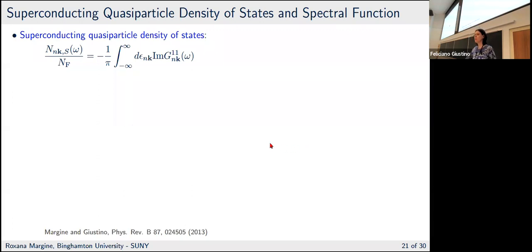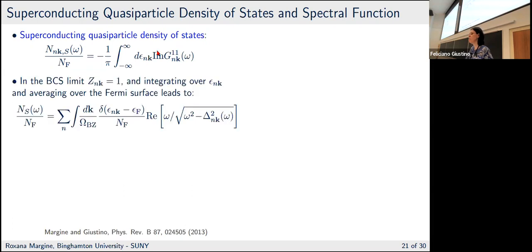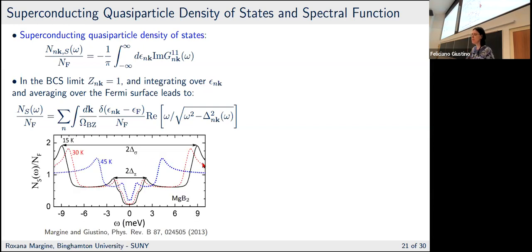Also, you can do some other things, you can get the superconducting quasi-particle density of states. This is related to the imaginary part of the diagonal elements. And in the BCS limit, in this expression for G11, if you take Z, the mass renormalization function, to be equal to 1, and you do this integral, you can get this expression.